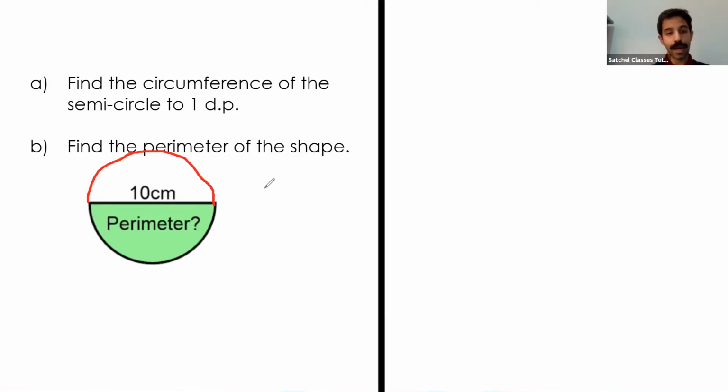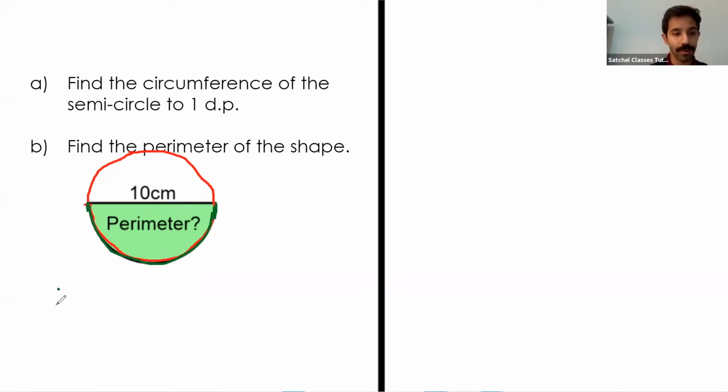But if we were to work out the full circumference, that would be the distance that I've just highlighted in red. Actually, maybe I should use another color. So I will use green. So this would be the distance that we want to calculate right now.